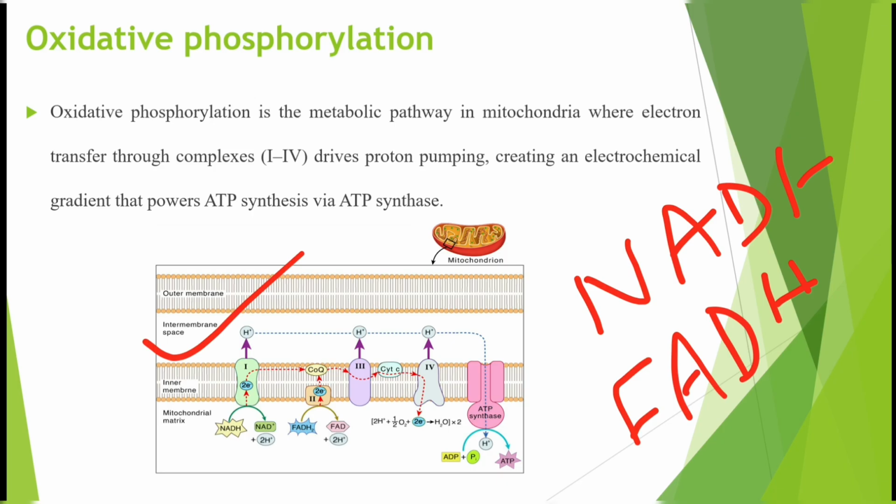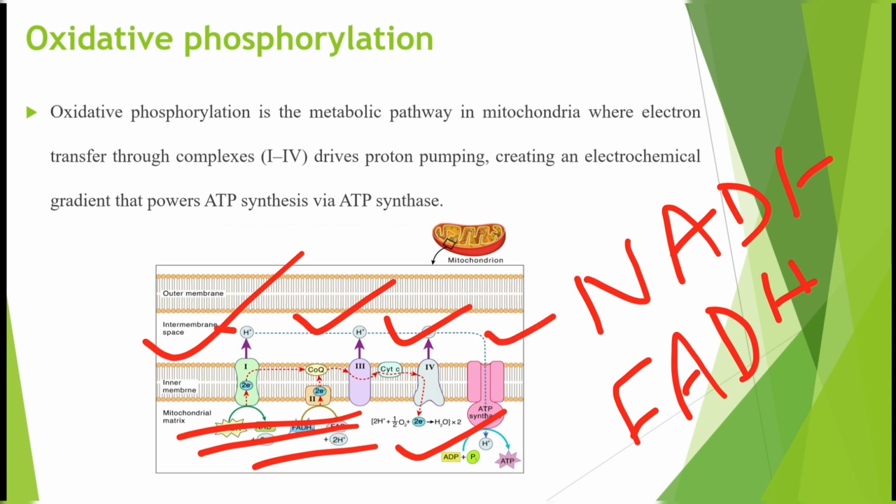Then protein complexes pass electrons down the line. This movement releases some energy. That released energy moves hydrogen ions from the inner mitochondrial matrix to the intermembrane space of mitochondria.